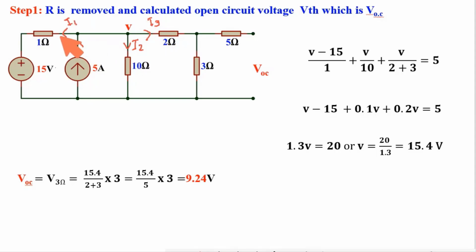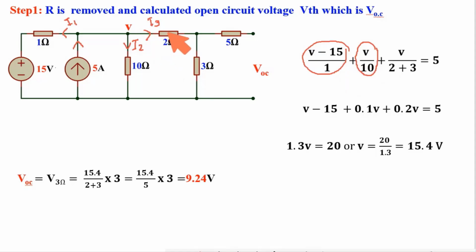So first, what is I1? I1 is the current flowing through this 1 ohm resistance. So potential at this point is V. So V minus this 15 volt divided by 1 ohm, this is I1. Next, what is I2? I2 is V, this is ground, so V by 10 ohm, this is I2.